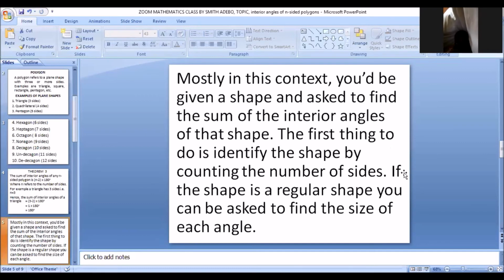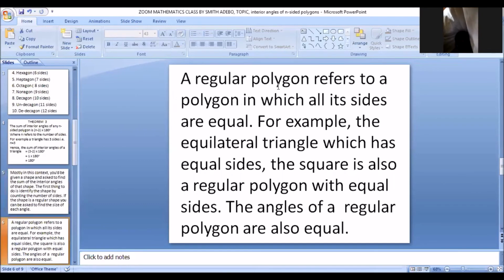Now, if the shape is a regular shape, you can be asked to find the size of each angle. A regular polygon refers to a polygon in which all the sides are equal. For example, the equilateral triangle is a regular polygon because it has equal sides.